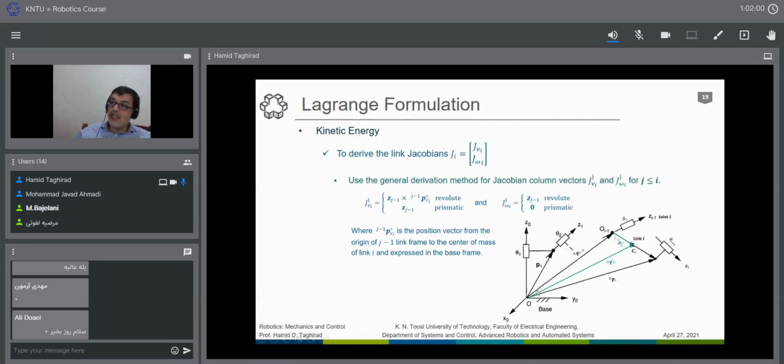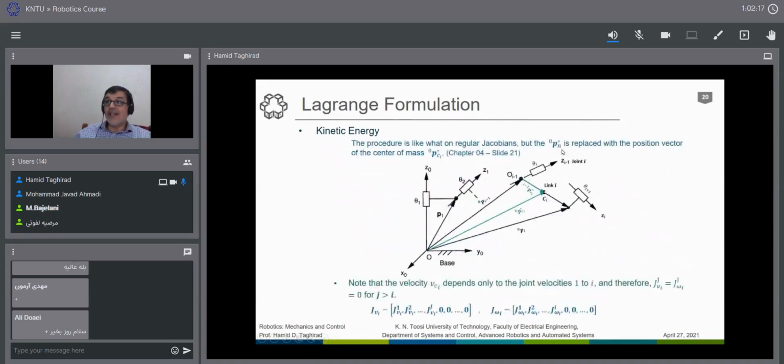As you see, this is PCI with respect to 0. And if we would like to find everything from the 0 frame, we need to find these vectors in here.